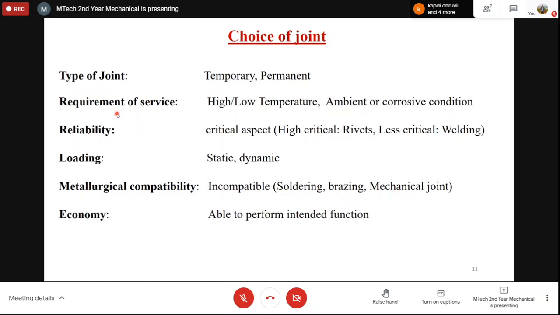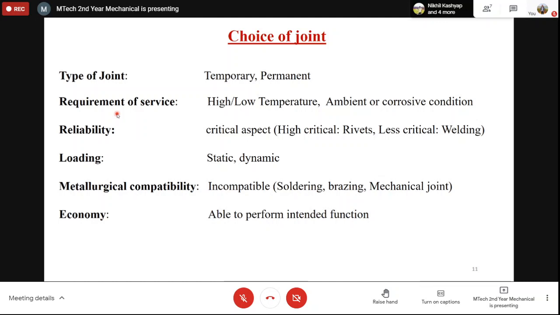If we want it to perform in normal conditions or corrosive conditions, where there may be salty water or more humidity, what type of joint will we use? We cannot use adhesives. If the loadings are different, the load may be a static loading condition. At that time, we will use some simple type of welding process. If dynamic loads are there, then we can apply mechanical joints, mechanical fasteners.